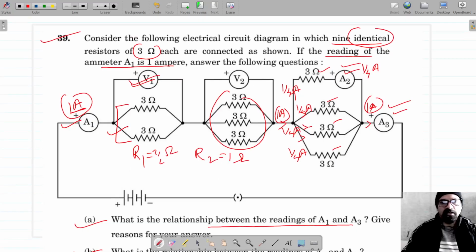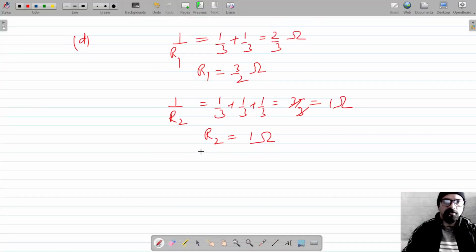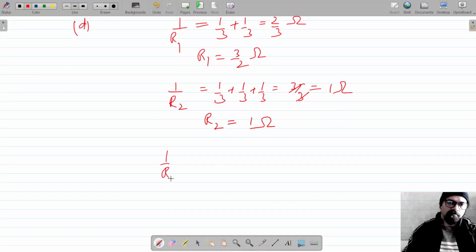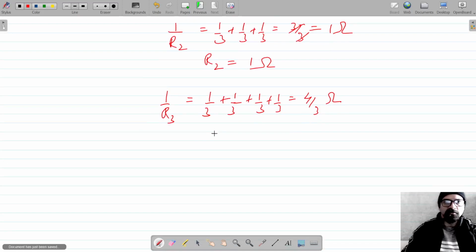And these are four identical resistors connected in parallel. Let me consider their net resistance as R3. So 1 upon R3 is equal to 1 upon 3 plus 1 upon 3 plus 1 upon 3 plus 1 upon 3, which is 4 by 3. But this is not the resistance R3; R3 should be the reciprocal of this. So R3 is 3 by 4 ohm.